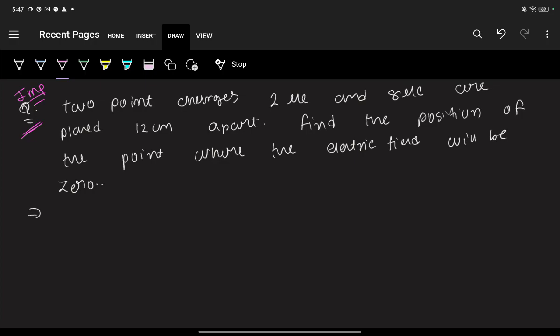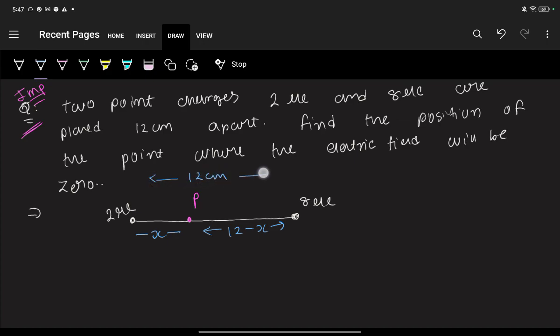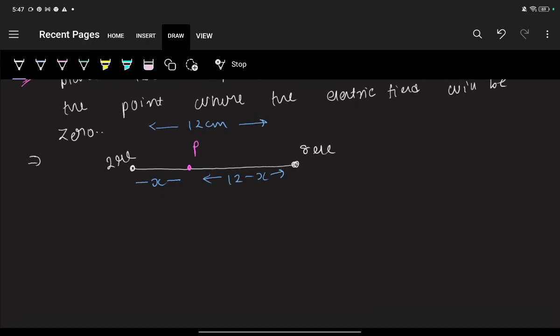So the situation here is there are two charges, 2 microcoulomb and 8 microcoulomb. Let's take our point P here, where the electric field is zero. Let's take this distance as x, and the other distance will be 12 minus x, because the total distance is 12 centimeter. Since the electric field vanishes here, the electric field due to this charge and due to that charge must be equal.